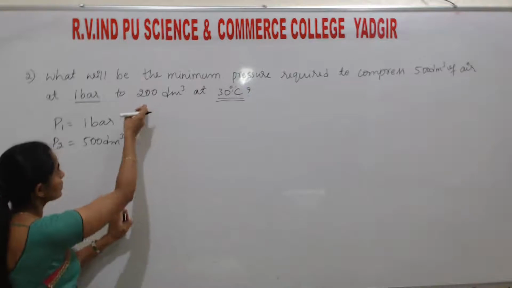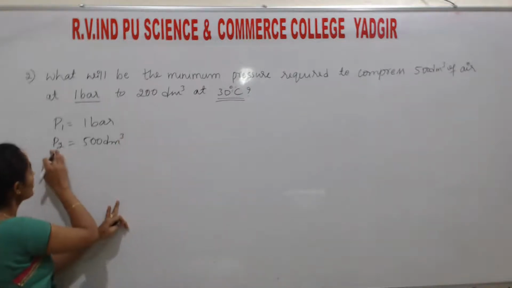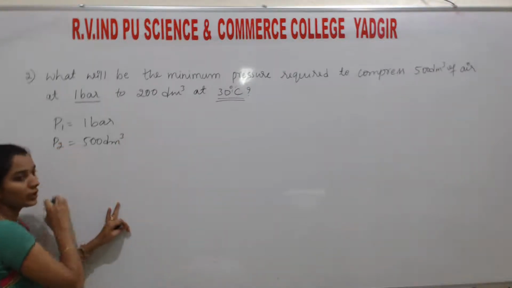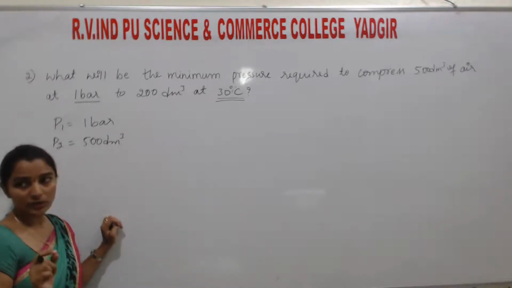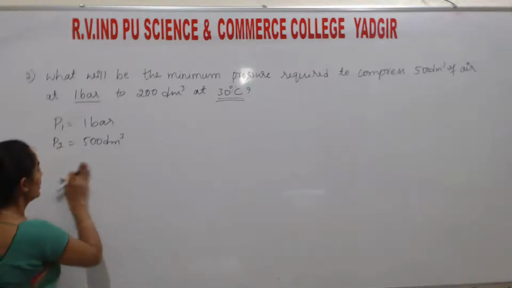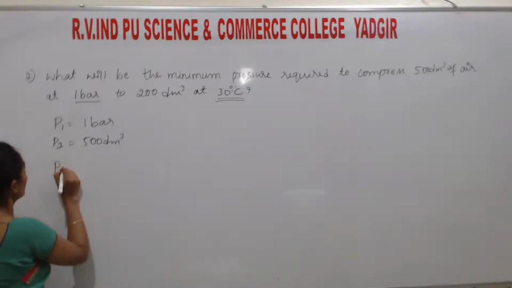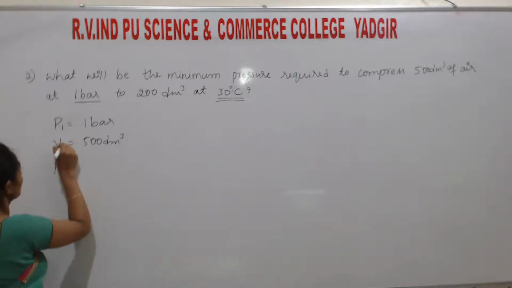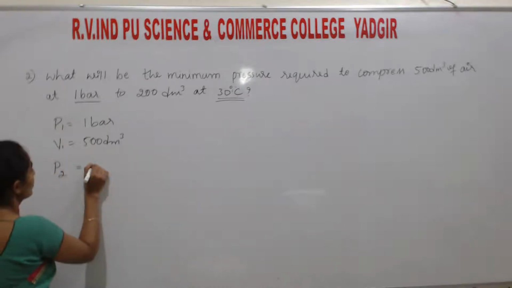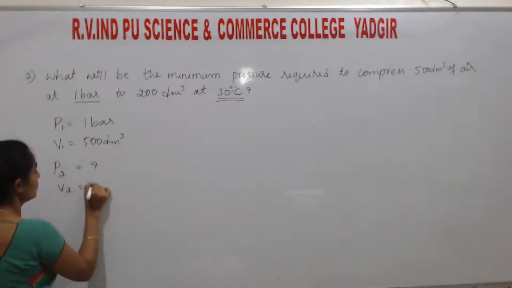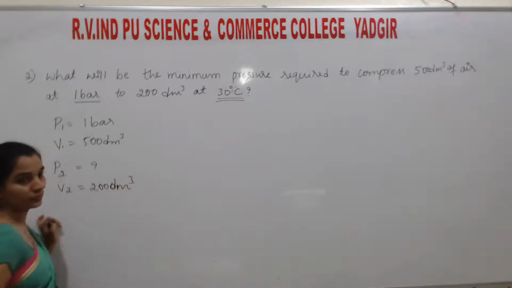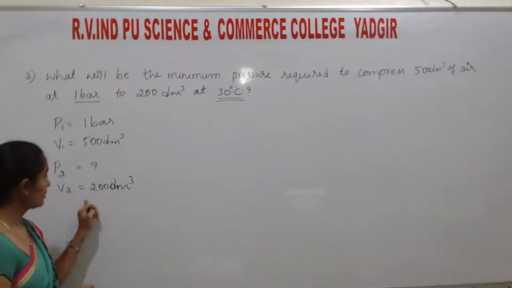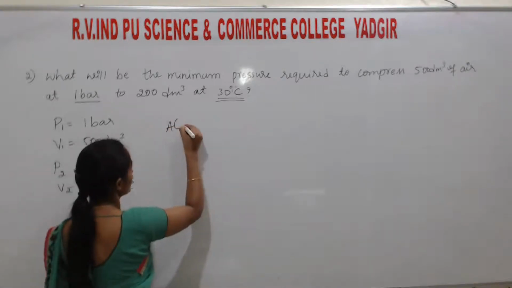Here 500 is there, 200 is there. If you take 200 in place of V1, you will get the wrong answer. Understanding the question is very, very important. Okay. Next, P2 is question mark. V2 is 200 dm cube. Correct? So next, I'll give 2 minutes, you will do first.